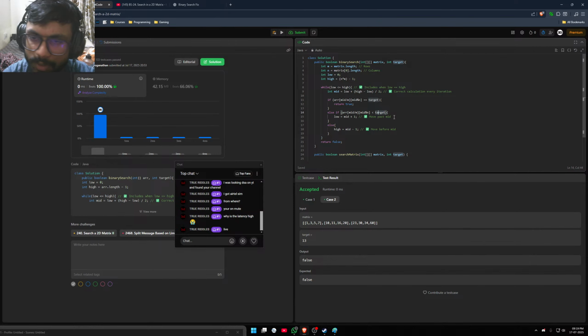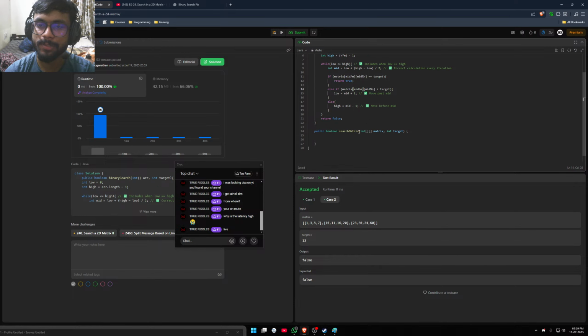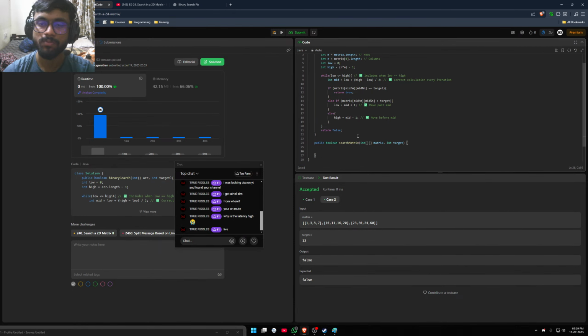Okay, let's see. Low is equal to mid plus 1, so nothing changes over here, nothing changes over here. Here, matrix. I'll just directly run the binary search.